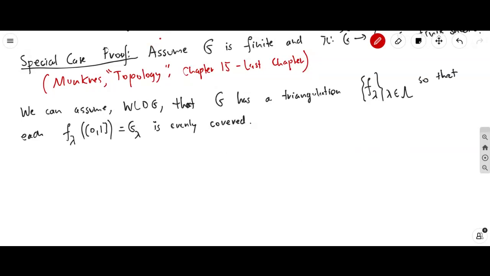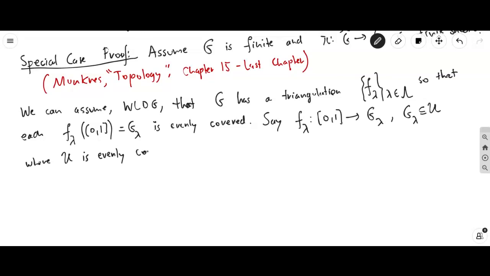And here's what we have next. Say f lambda is a map from 0, 1 into G lambda. That's your homeomorphism. And G lambda sits inside U, where U is evenly covered.